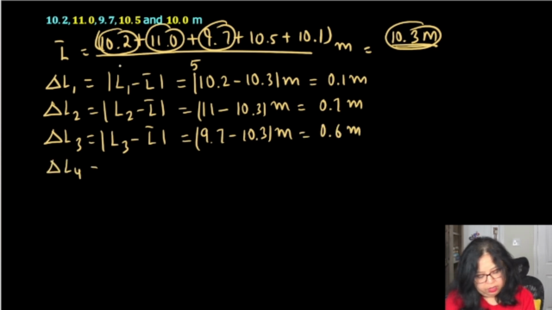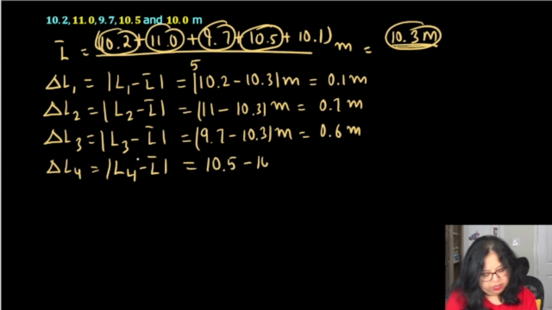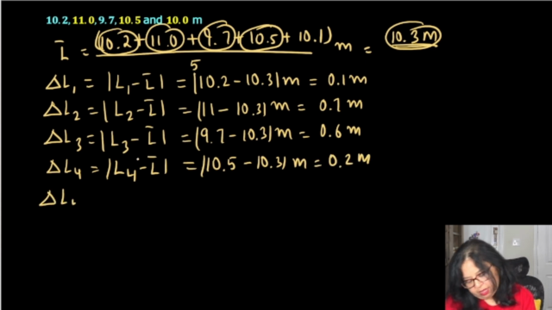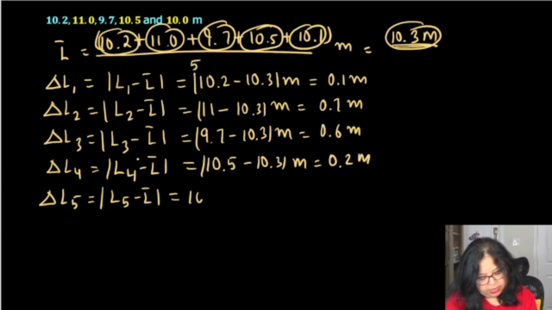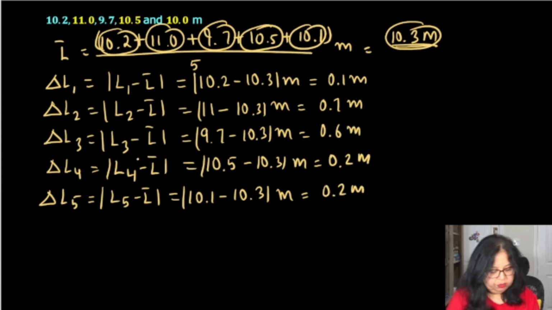Delta L4 is L4 minus L bar, here's L4, 10.5 minus L bar, which is 10.3 meters, equals 0.2 meters. Delta L5, L5 minus L bar, here's my L5, 10.1 minus 10.3 meters equals 0.2 meters.